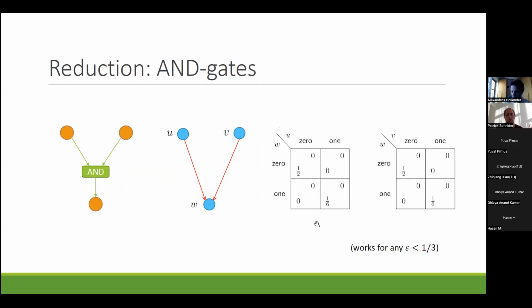And again, these are constructed in such a way that at any Nash equilibrium, the strategies of these three players, if you map them back to values for the nodes, exactly satisfy the constraints of the AND gate. And now note that this gate works for any epsilon strictly less than a third. Obviously, I'm just showing this reduction as an illustration. I don't expect you to check these payoffs or anything, just as an example of how the reduction would go.